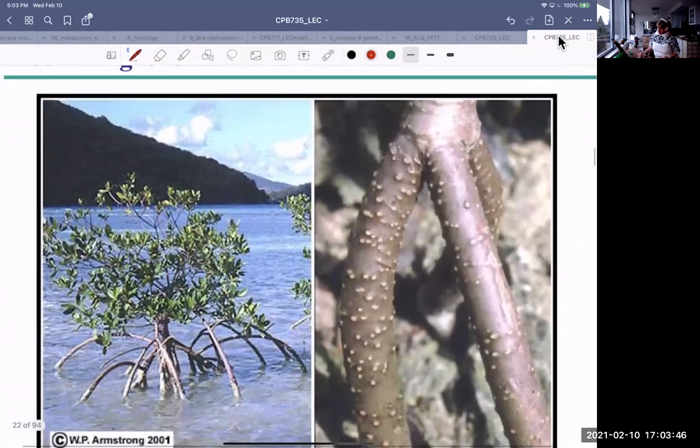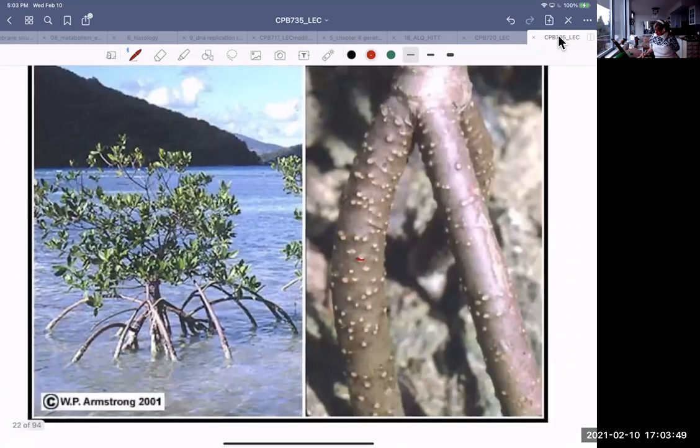Here's another mangrove. I just wanted to show you these structures here. Those are pneumatophores, and that's how the root can exchange gases with air. Gas exchange.